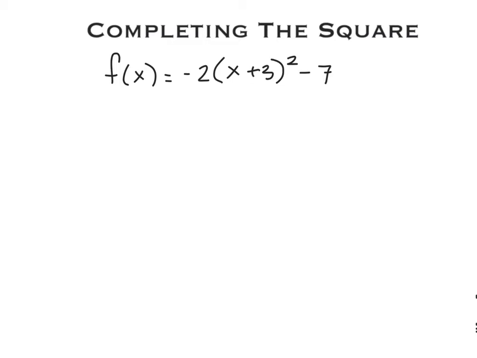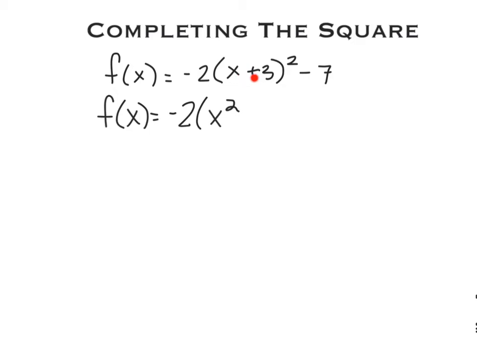The first thing I want to remind you is that on Monday we learned how to take this, that is in vertex form, and put it in standard form. All I would do is I have -2 times the pattern, so I'm going to square the first.